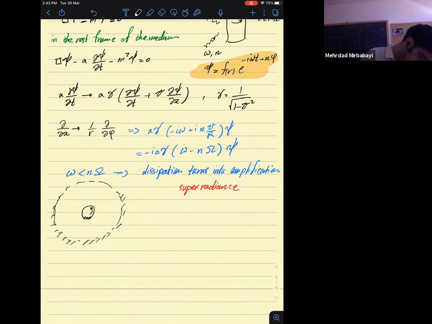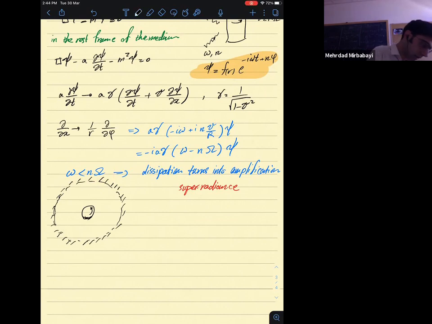I don't know if it looks like mirror to you. So this is just looking at it from above, and we send in some waves which satisfy this superradiance condition. This is called the superradiance condition.